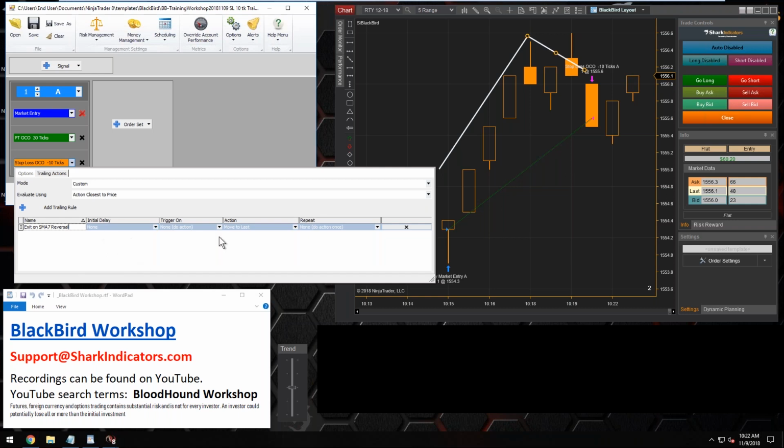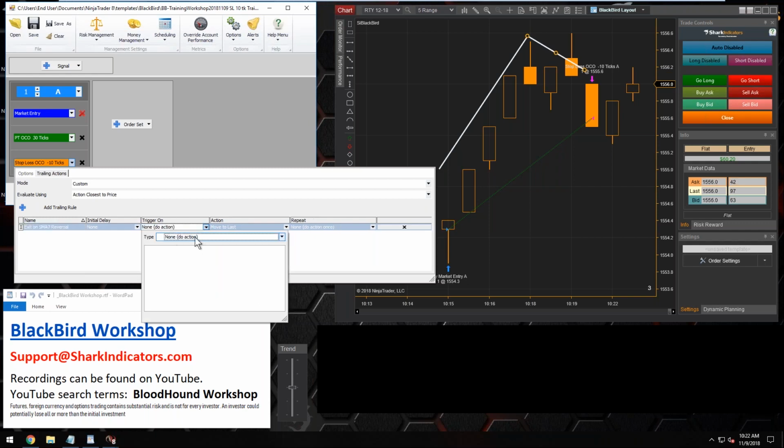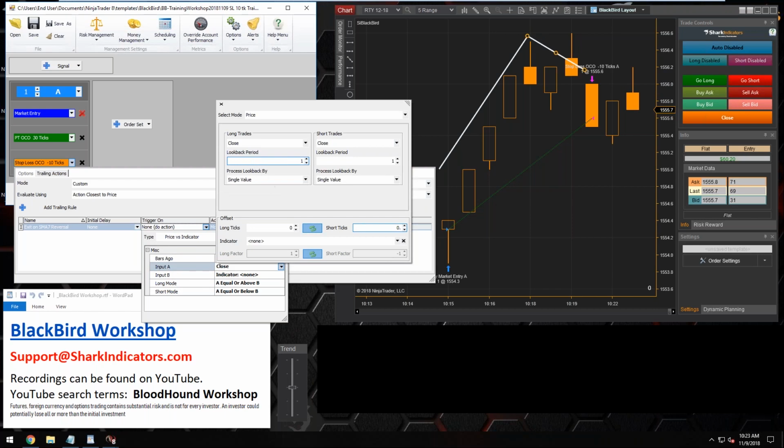All right. So, the way that we can do that is, again, using the trigger event. And again, we're going to use the price versus indicator, because this can also do indicator versus indicator, right? And so we're going to set input A to the 7 SMA.